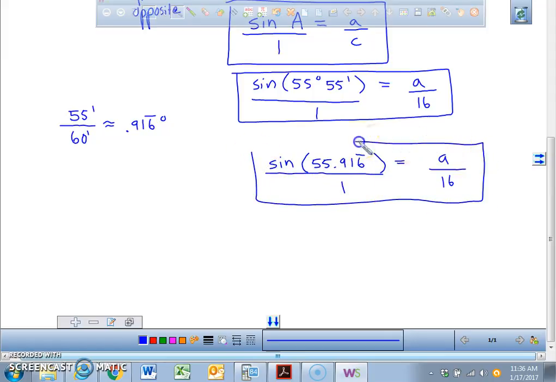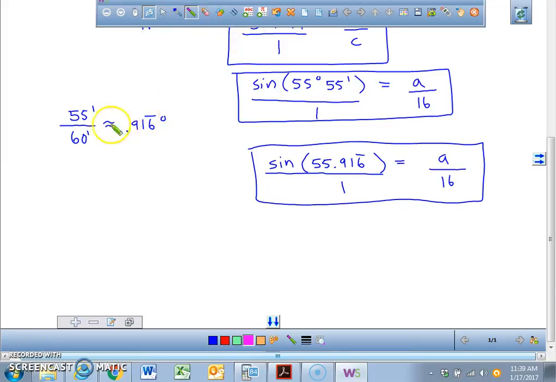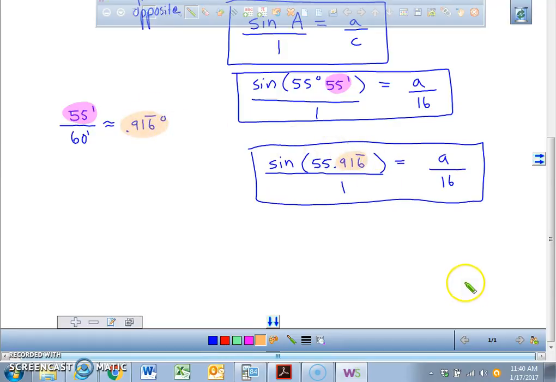The reason why I'm placing it over a 1 is I want your brain to recognize a proportion that you dealt with since you were probably in 7th or 6th grade when you started working with proportions. Okay, now that we have everything set up, and just in a quick little review, we had to change this 55 minutes that we had right here. We had to convert it to degrees. So that's why I have a 0.916 right there.